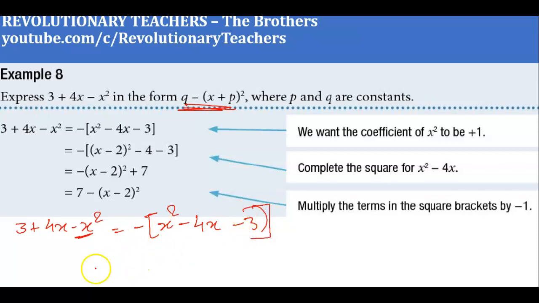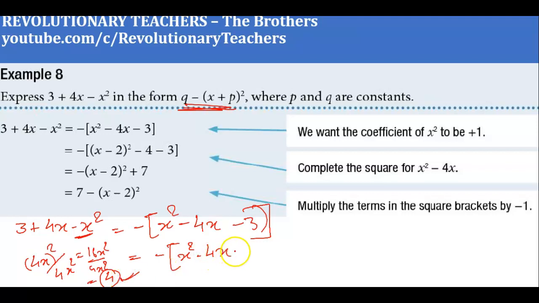Now last term is middle term square upon 4 into first term. So you will be left with 16x square upon 4x square, that is 4. So you are going to add and subtract 4 inside the bracket, x square minus 4x. This 4 must be added, plus 4, and again it must be subtracted, minus 4, and keep this minus 3 at the last.